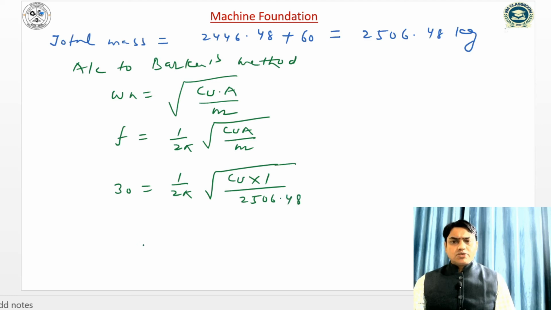So Cu is equal to 30 into 2 pi into square root of 2506.48. So Cu is equal to 89.06 into 10 to the power 6 Newton per meter cube.